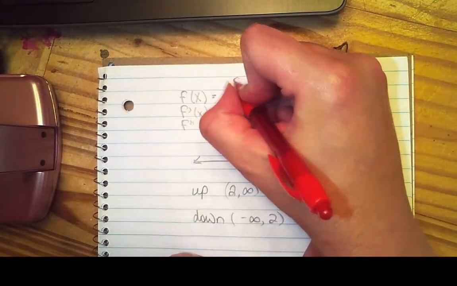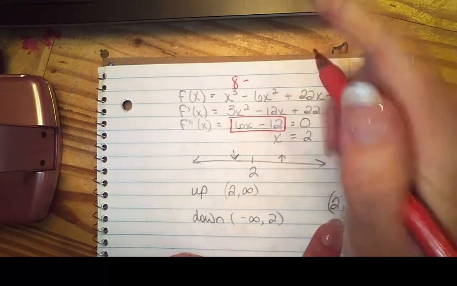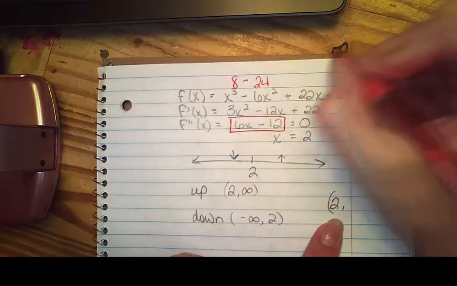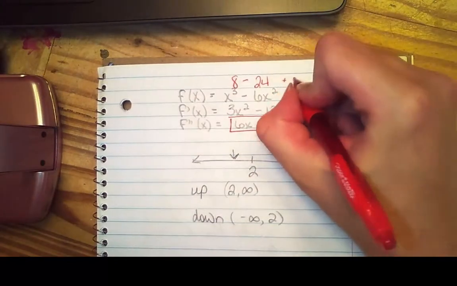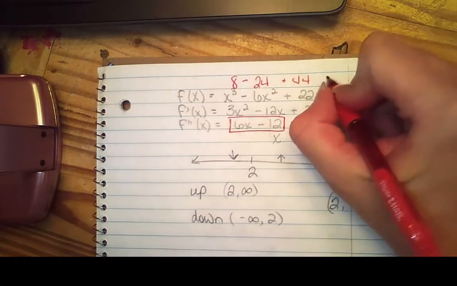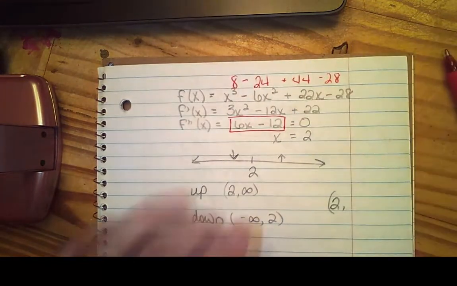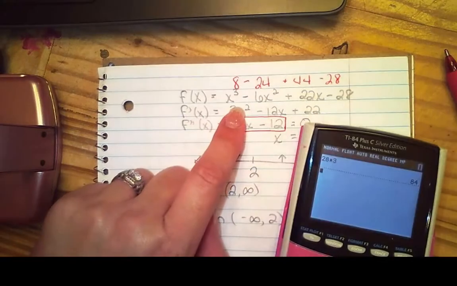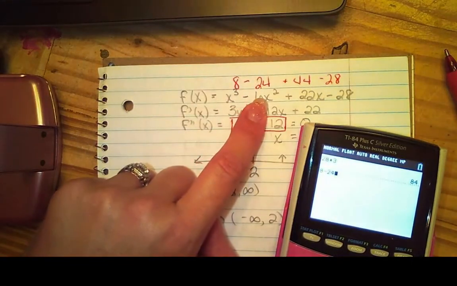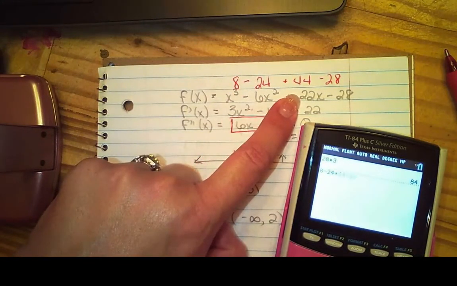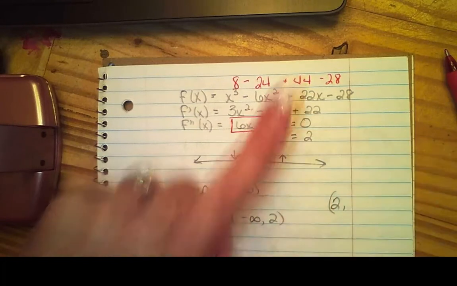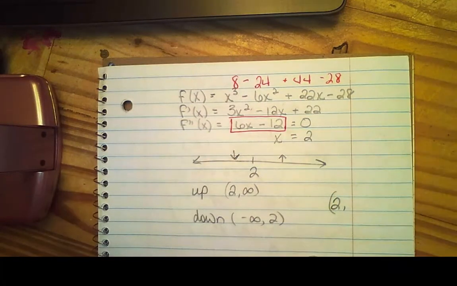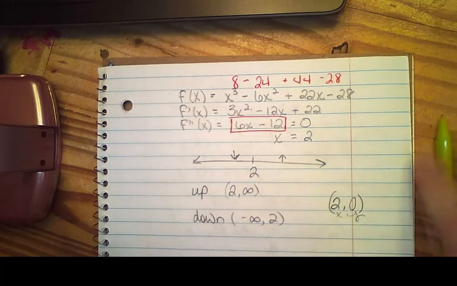So 2 to the third is 8 minus 6 times 2 squared is 24 plus 44, sorry, minus 28. Okay, so I'm not even trying to do this in my head. So 8 minus 24 plus 44 minus 28 gives me 0. So your point of inflection occurs at an xy coordinate of 2, 0.